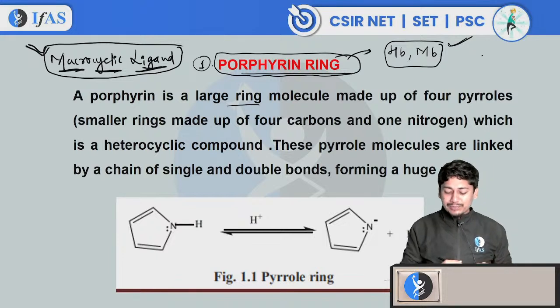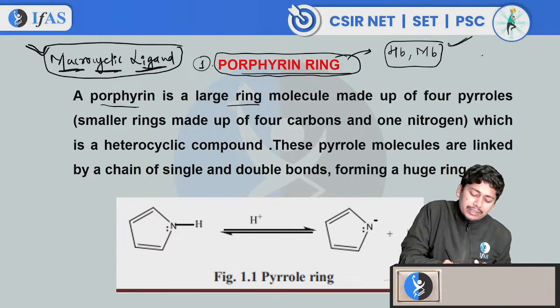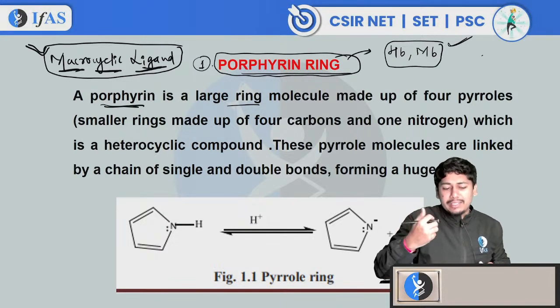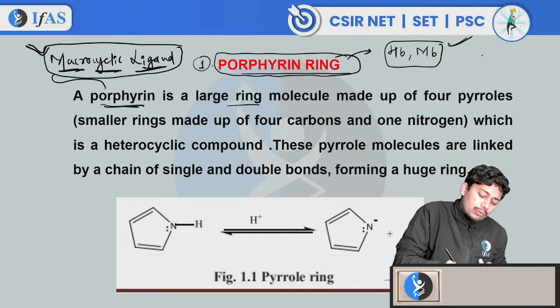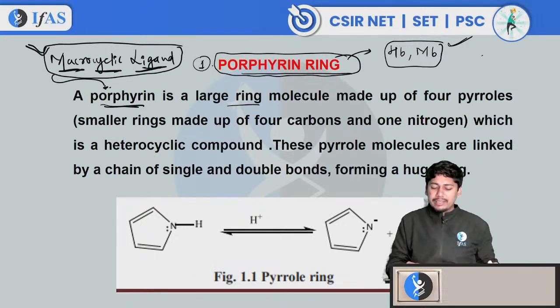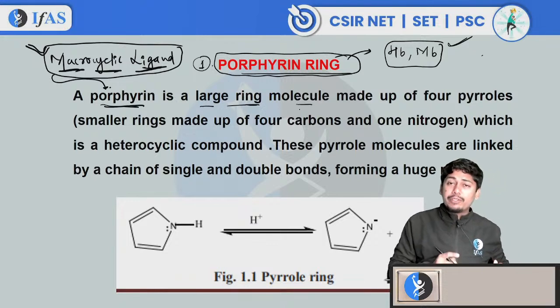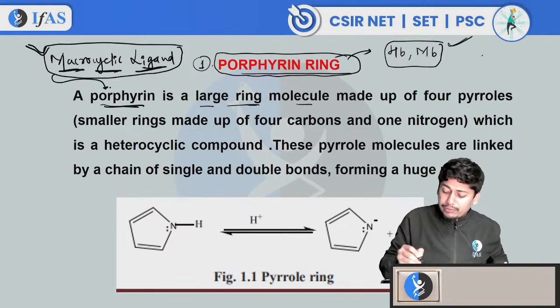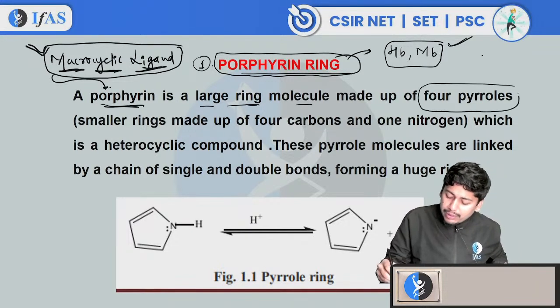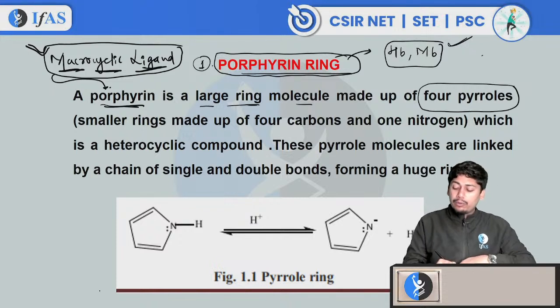Now porphyrin is also a macrocyclic ligand. It is a very large ring molecule made up of 4 pyrrole rings.